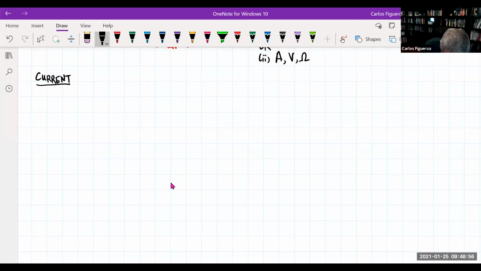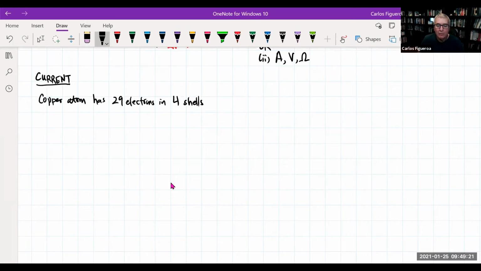So if I have a copper atom, it has 29 electrons in 4 shells. And by looking at the electron occupancy, you're going to get a pretty good idea why copper is such a commonly used metal in the electrical industry here.